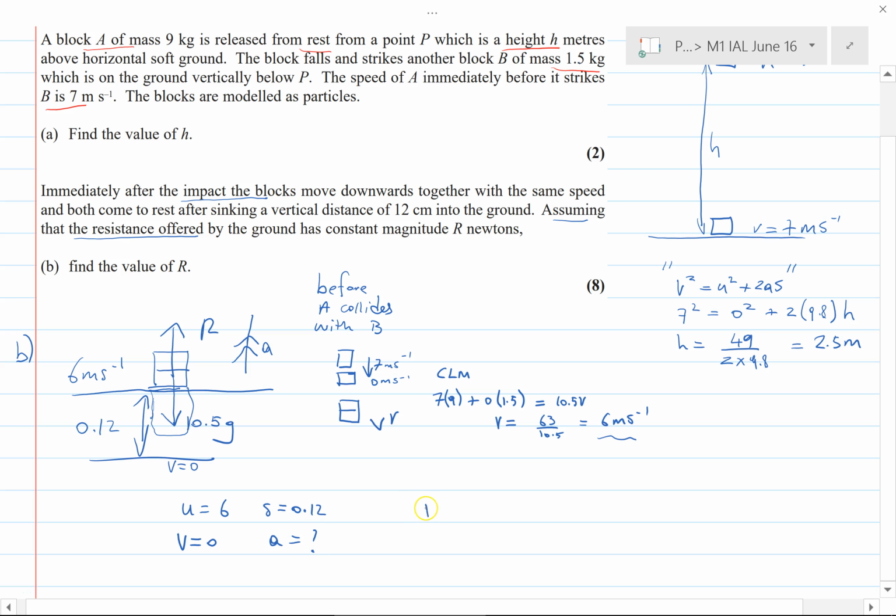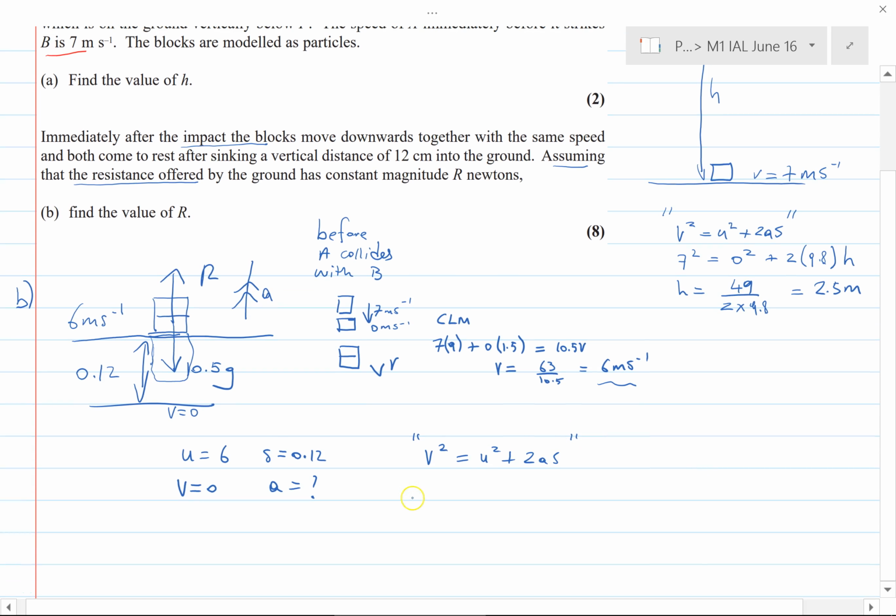So the equation we're looking for, probably the most commonly used one in M1, but all of them are used at some point: v squared is equal to u squared plus 2as. That's 0 squared is equal to 6 squared plus 2 times a, where a is unknown, and s is 0.12.